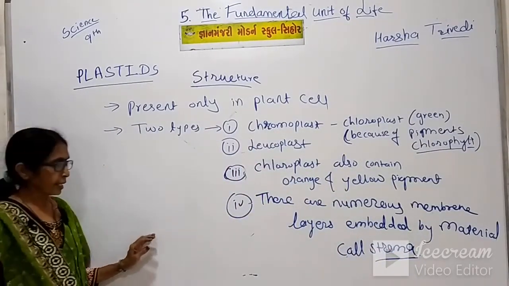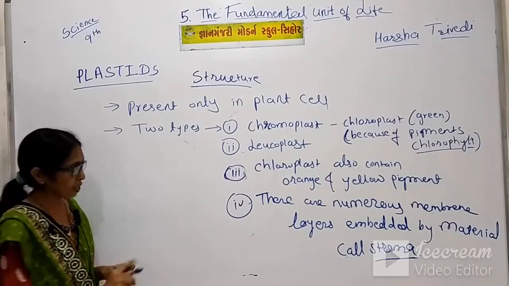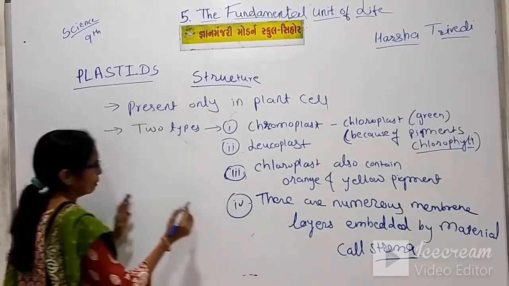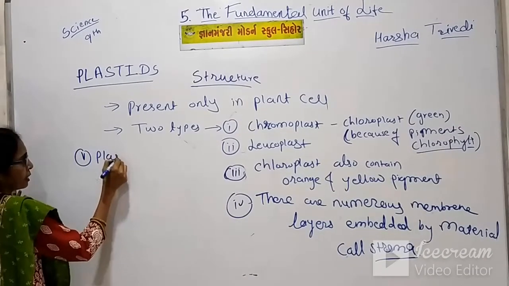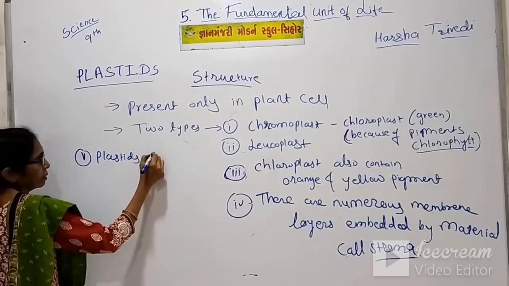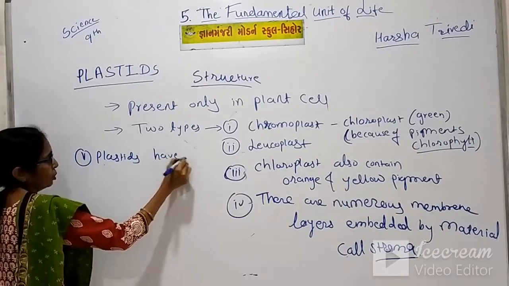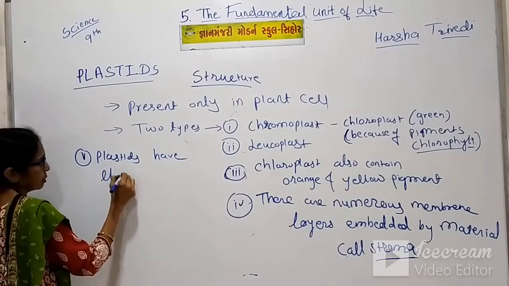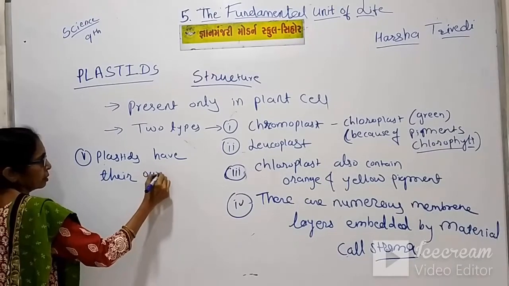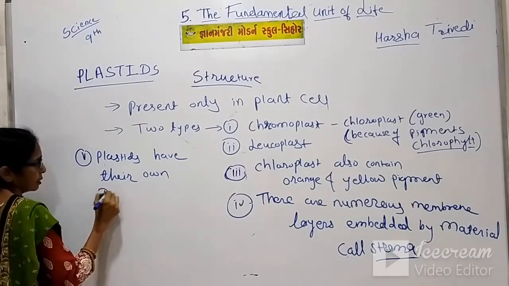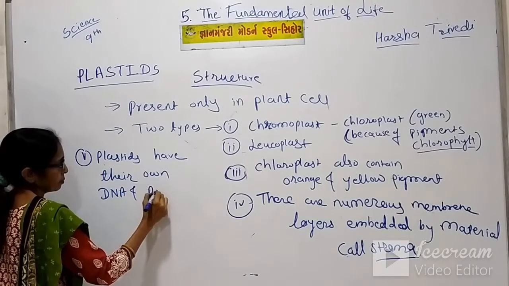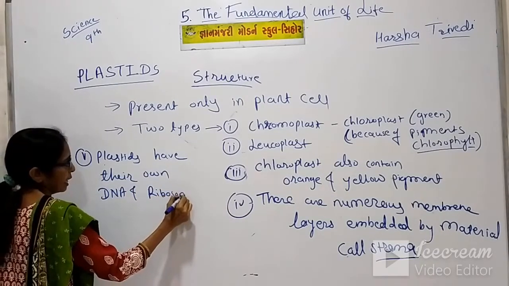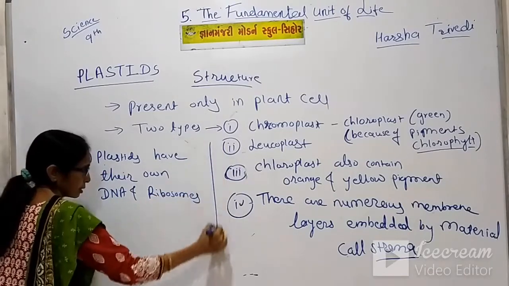And the main thing is, I am writing here 5th point, plastids have their own DNA and ribosomes like mitochondria.